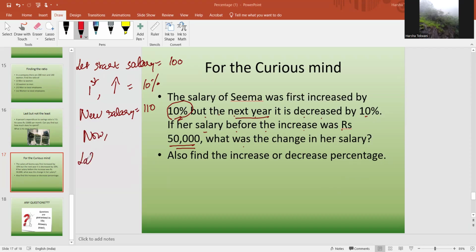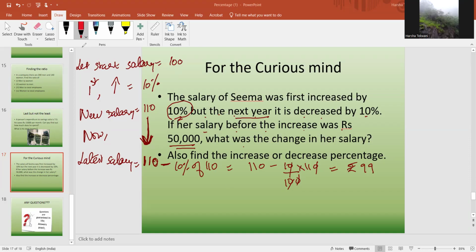So what will be the latest salary? 110. So the decrement is happening on this, right? It's not happening on 100 because next year they changed. So the latest salary is 110 minus 10% of 110. 110 minus 11. You will get 99 rupees. Oh my God. So sad.